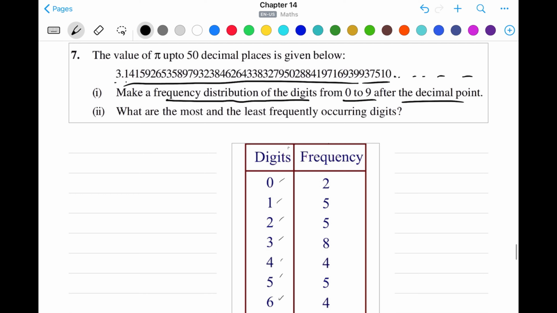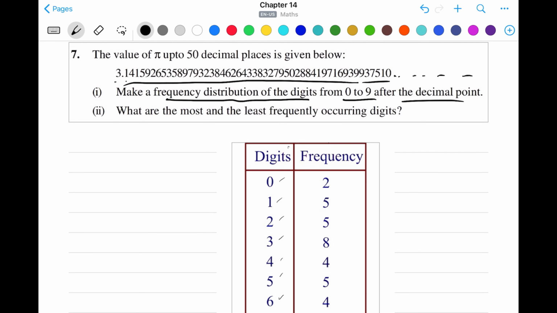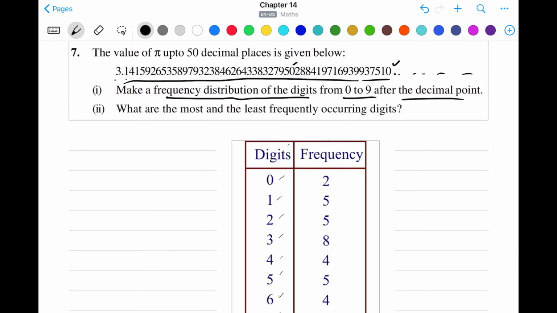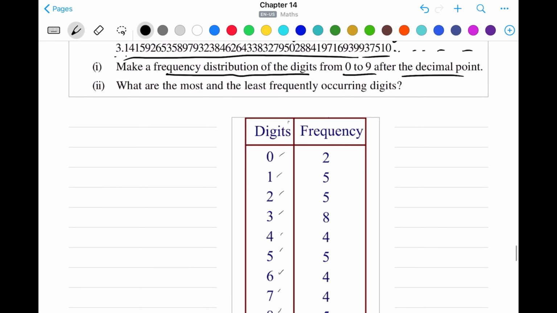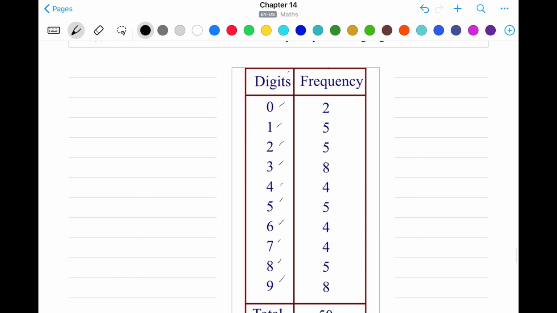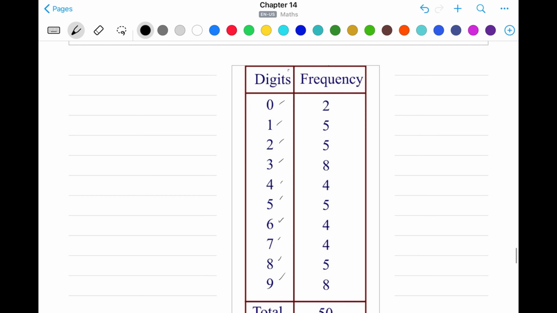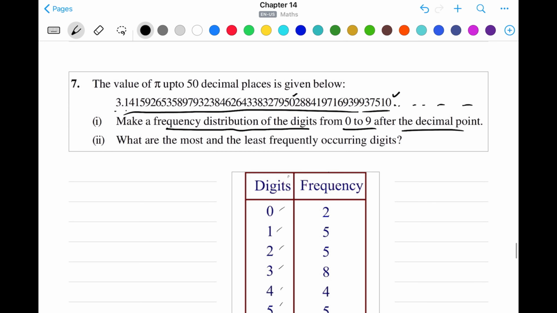So 0 has appeared only 2 times. 1 appears 5 times. Similarly, 2 appears 5 times, 3 appears 8 times, 4 appears 4 times, 5 appears 5 times, 6 appears 4 times, 7 appears 4 times, 8 appears 5 times and 9 appears 8 times. That's the frequency distribution table, the answer to part 1 of question 7.